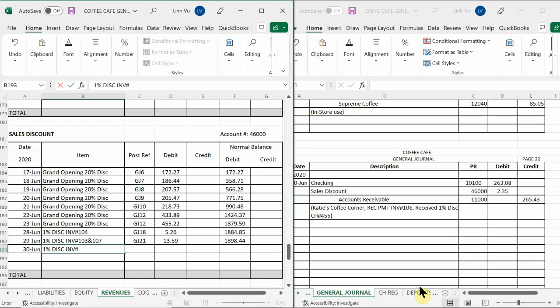Page 22. And $2.35. So our total is now $1,900.79.